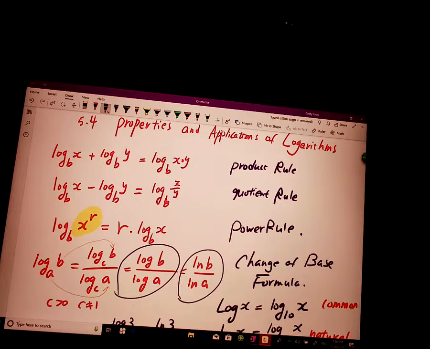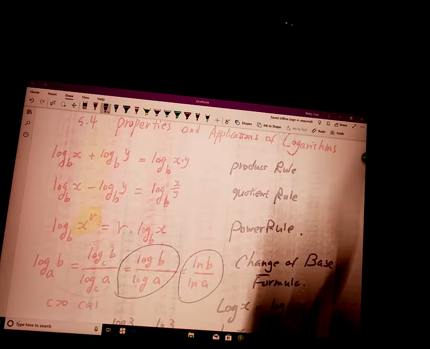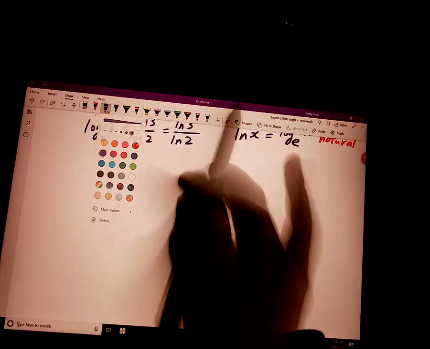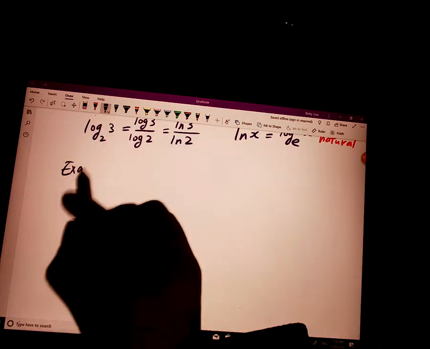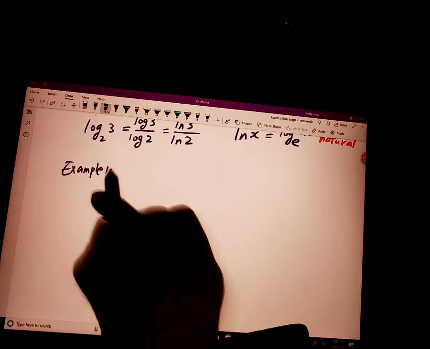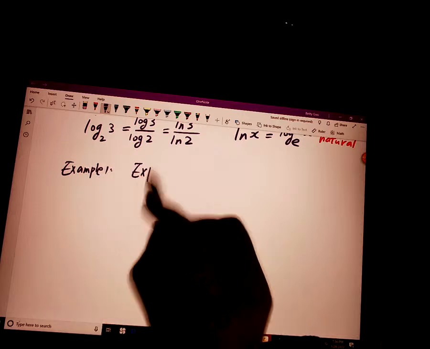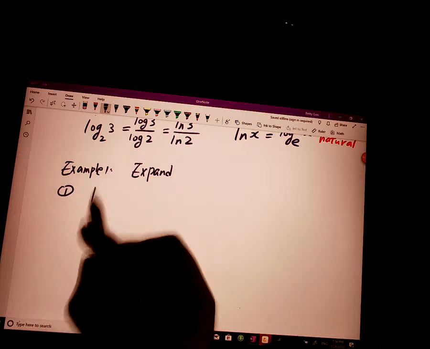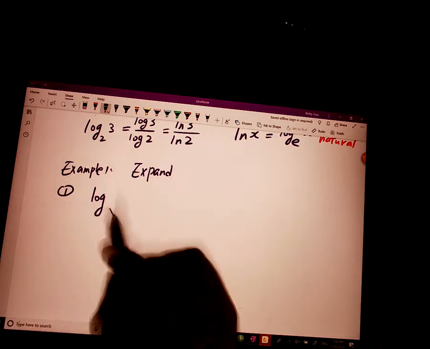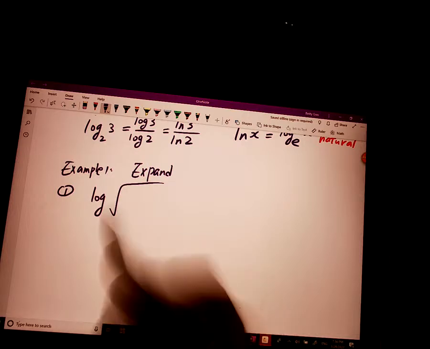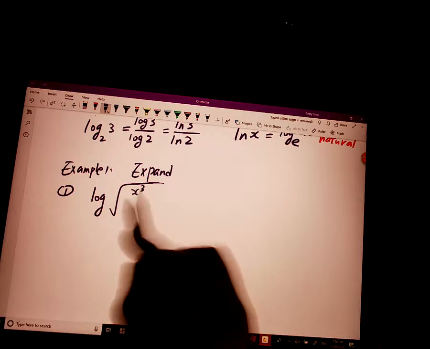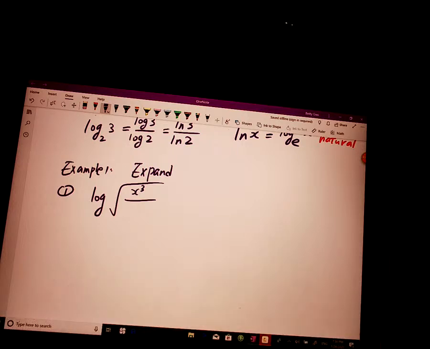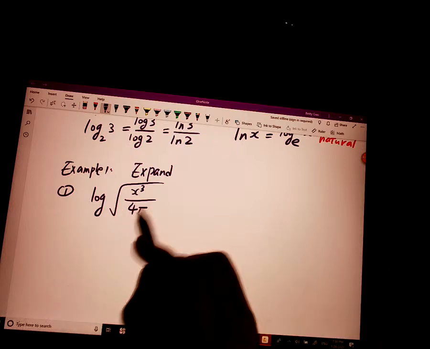Okay, so example 1 is to expand. I'll explain what that means, expand. Number 1 is log of the square root of x cubed over 4 pi to the power of 5.